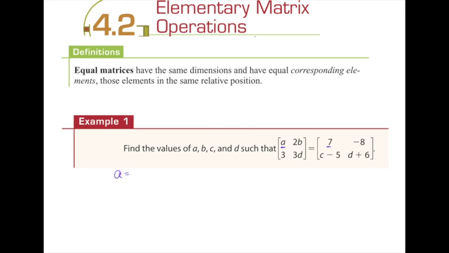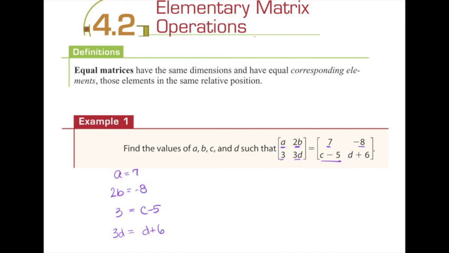So A equals 7. 2B would be equal to -8. 3 would be equal to C minus 5. And 3D would be equal to D plus 6.